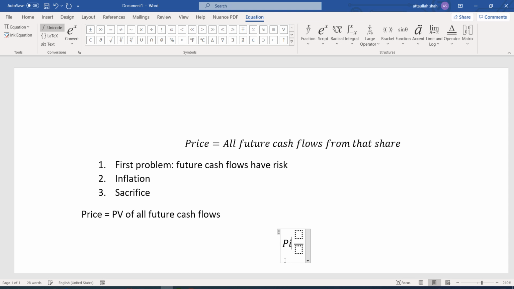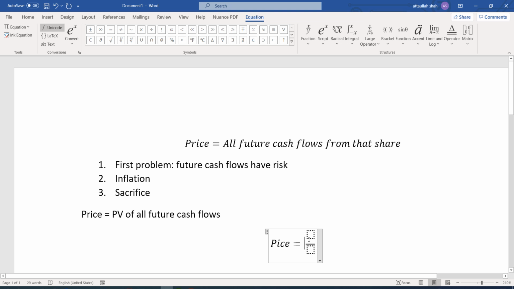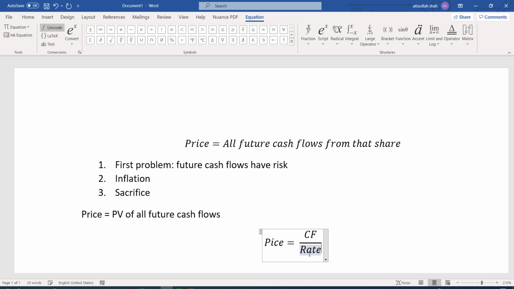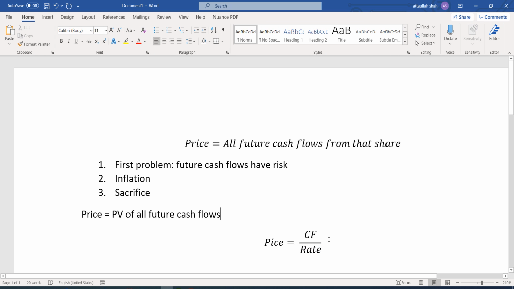Price of a share is equal to cash flows. Let's say we call it cash flows, and we discount the cash flow at some rate, and this rate takes care of the three problems.